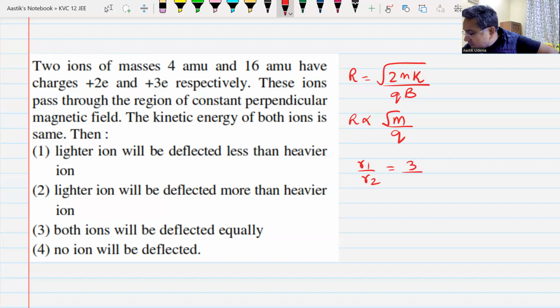It will come as 3 by 4. The radius of the lighter ion is less than the radius of the heavier ion.